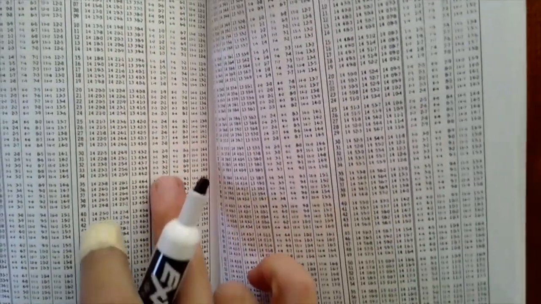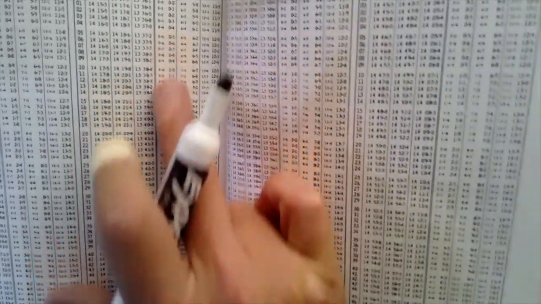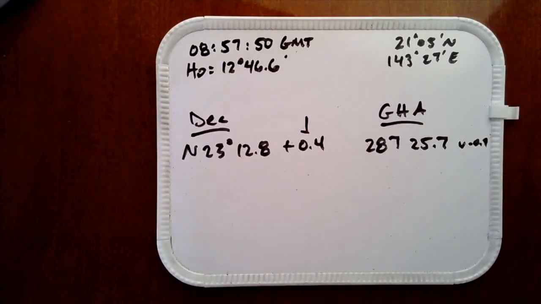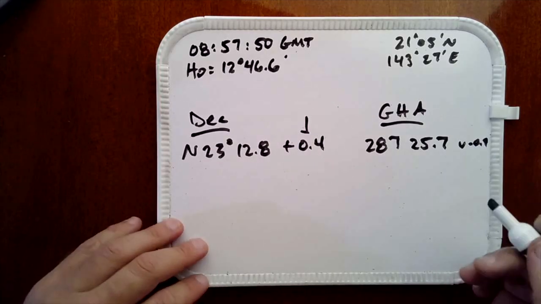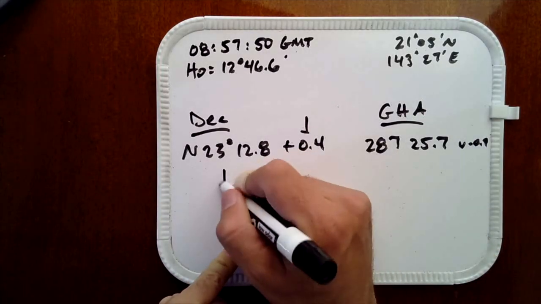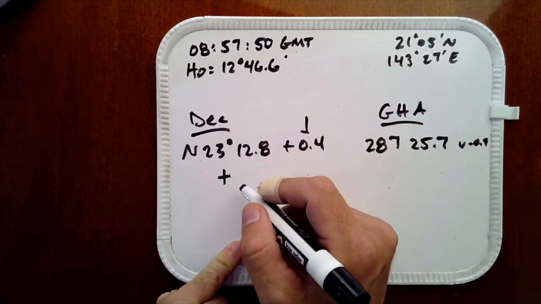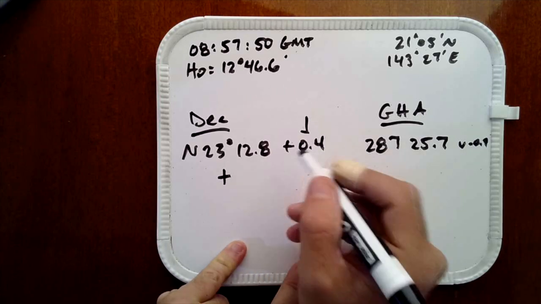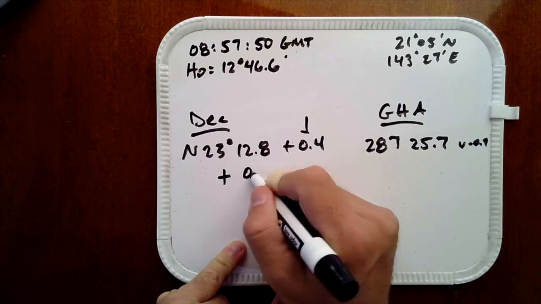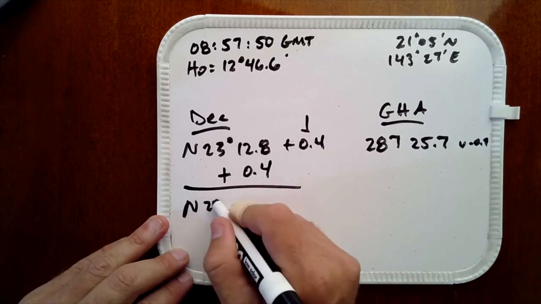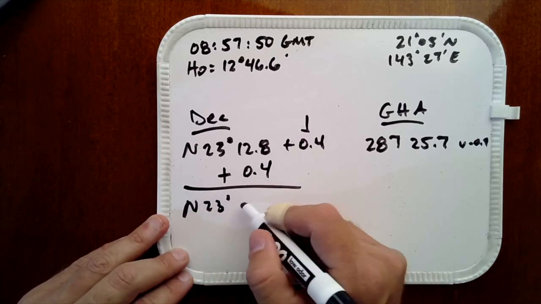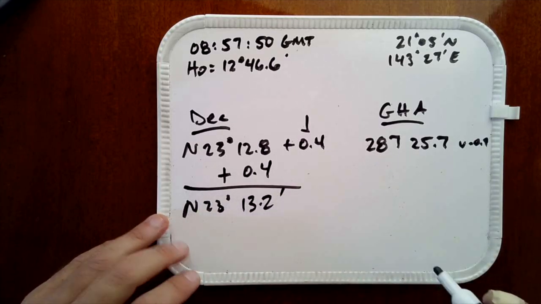Our v correction, based on our v number of 0.9, is going to be also 0.9, which makes sense. We were almost at the end of the hour here. For declination, it was increasing, and our declination correction based on the d number, 0.4, is also 0.4. So our total declination is north 23 degrees, 13.2. So that's good to note.